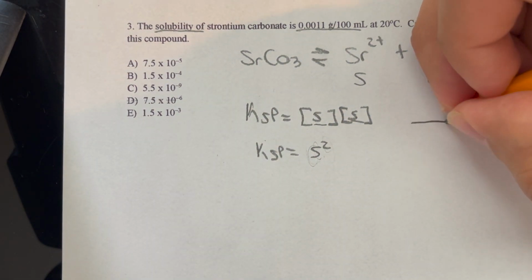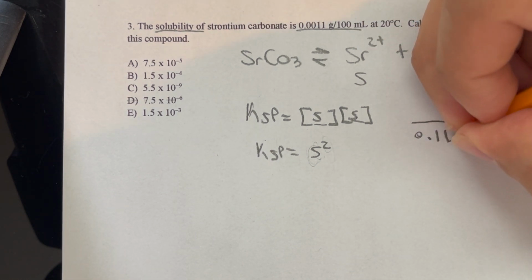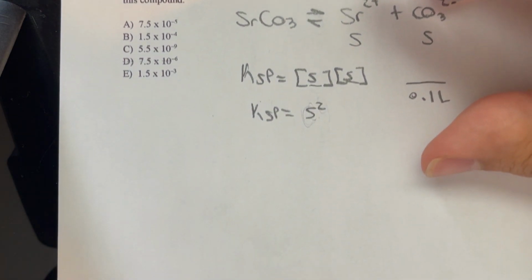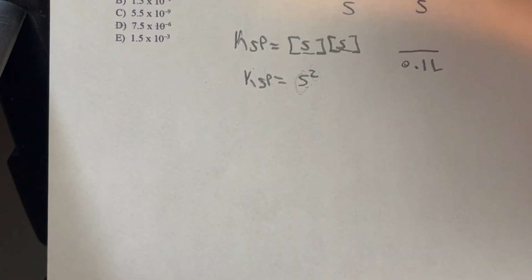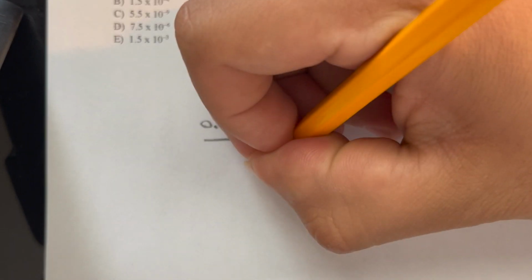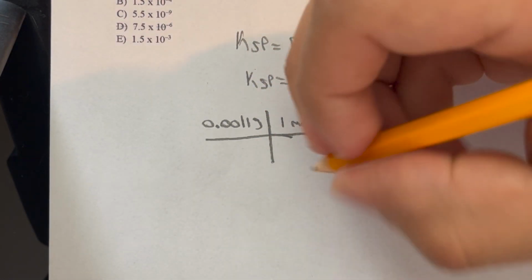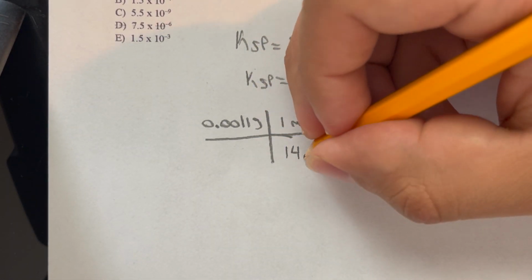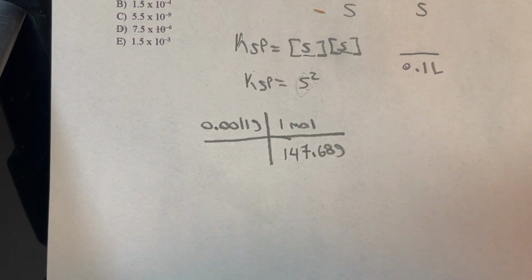The easiest conversion to do right now is take the 100 mL and turn that into liters. And then we want to turn the grams into moles, right? Because molarity is moles over liters. So we'll take 0.0011 grams times 1 mole, and then the molecular weight of strontium carbonate is 147.68.